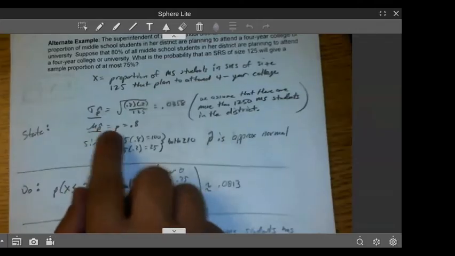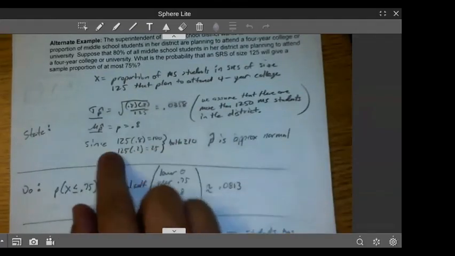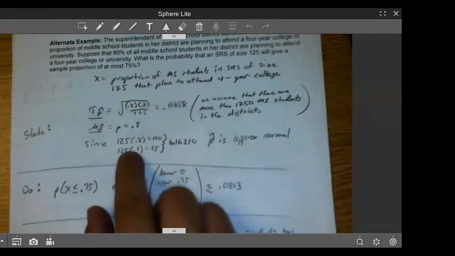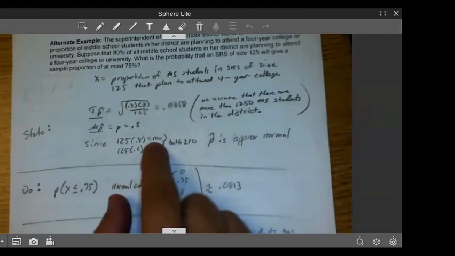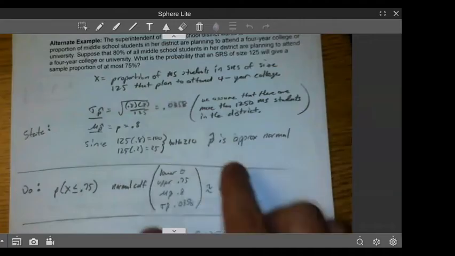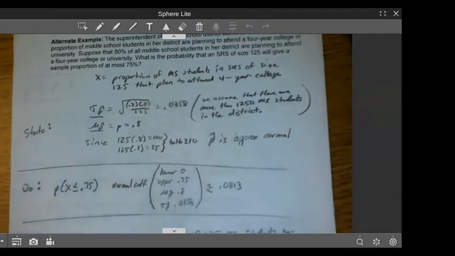Also remember, we need to establish that p hat is approximately normal by doing the 10 successes and 10 failures. This one we expect 100 successes and 25 failures, so the sampling proportion, or the p hat, will be approximately normal.